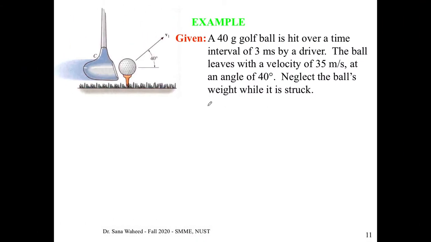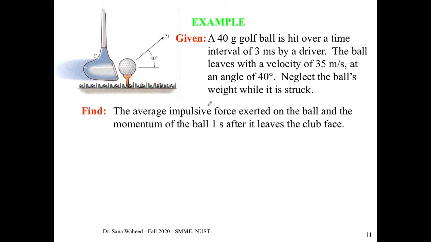So there's a golf ball which is hit over a time interval of 3 milliseconds by a driver. The ball leaves with a velocity of 35 meters per second at an angle of 40 degrees. What do we want to do? We want to find the average impulsive force exerted on the ball.